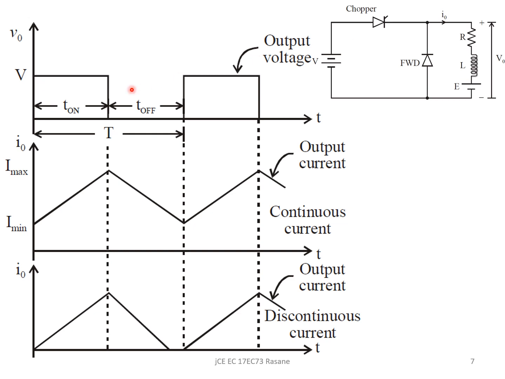So after T on, once the chopper is on, when I commute it or turn it off, the period for which it remains off is called T off. And T will be equal to T on plus T off, which gives the chopper frequency, as I have explained in the earlier video.